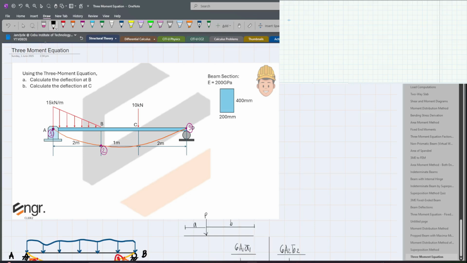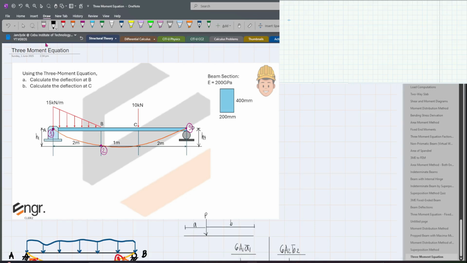So ngayon, the vertical distance between point 1 and point 2, this would be our H1. Ayan, H1. And then the vertical distance between point 2 and point 3, draw tayo ng line dyan. Ito yung magiging H3. Ayan.